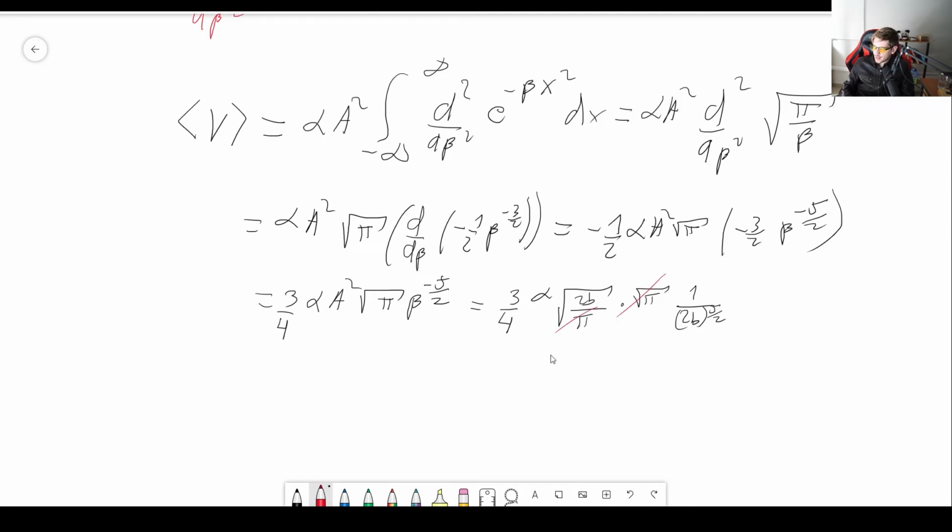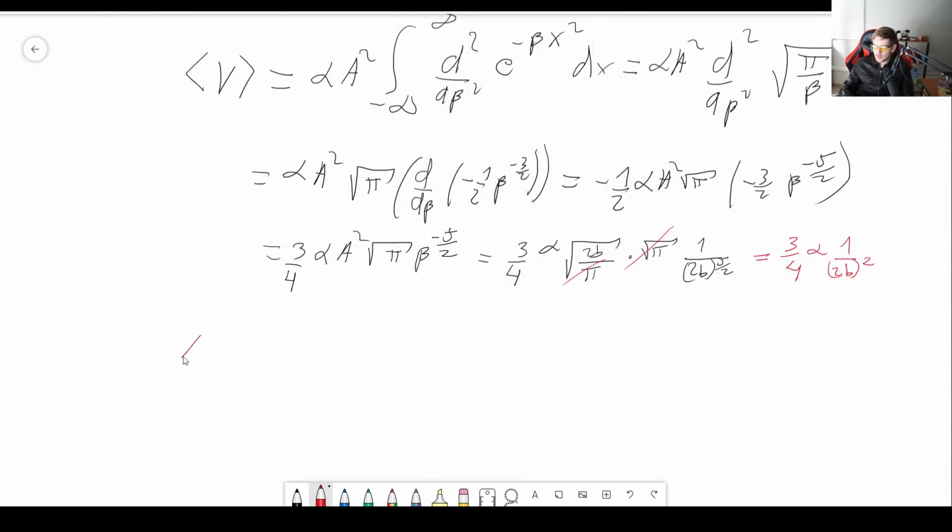Square root of pi cancel out, and we have square root of 2b, which is 2b to the 1/2, minus 5/2. So we are left with minus 4/2, which is minus 2. So basically 3/4 alpha, and then 1 over 2b squared. I'm just double checking that I did this correctly. So 5/2 minus 1/2, and you are left with 4/2, which is 2. Yeah. Okay, so this is our value for the potential.